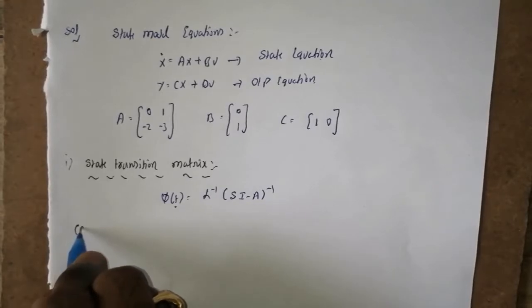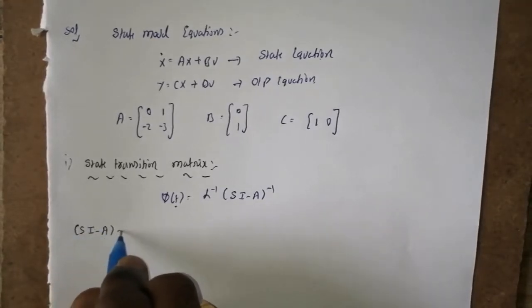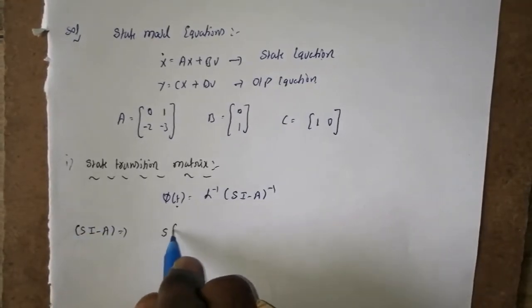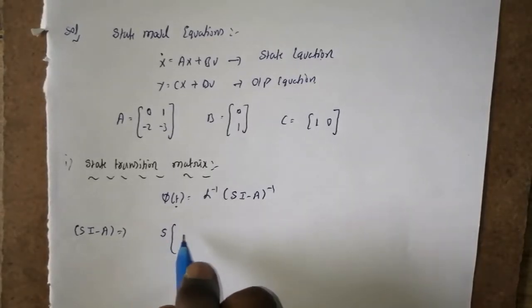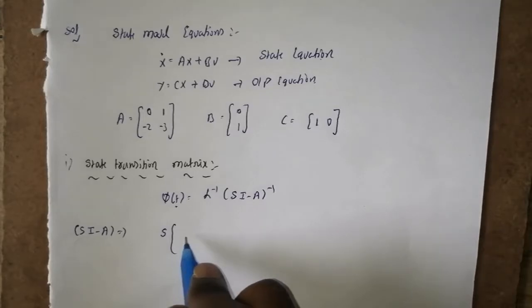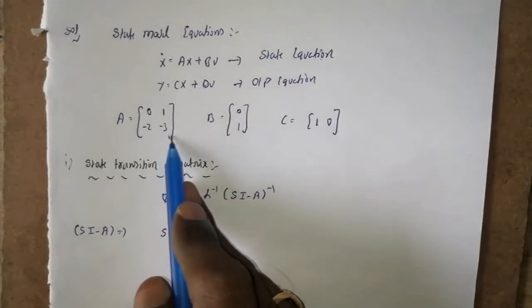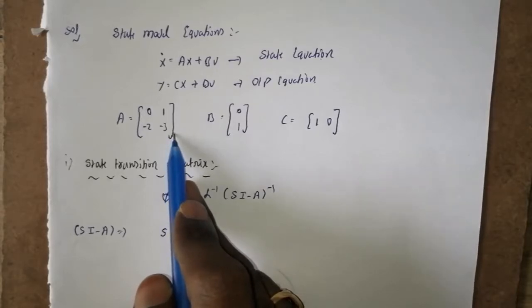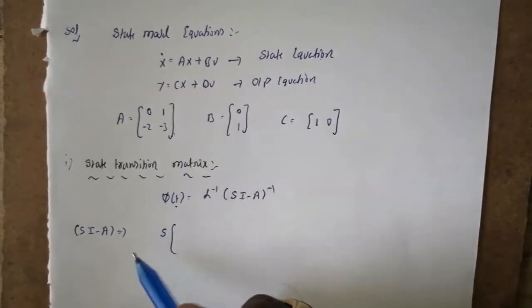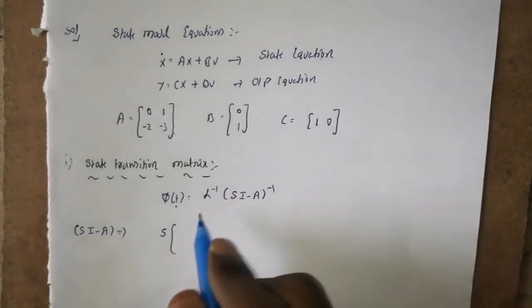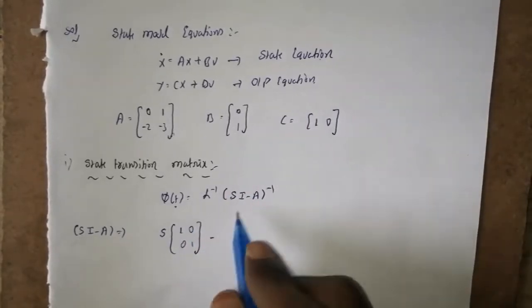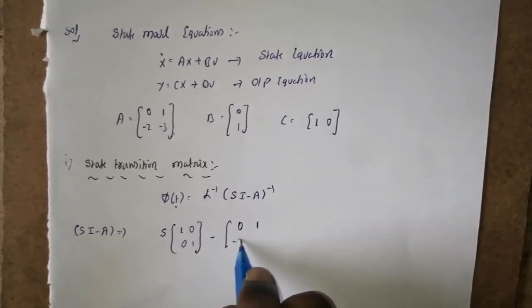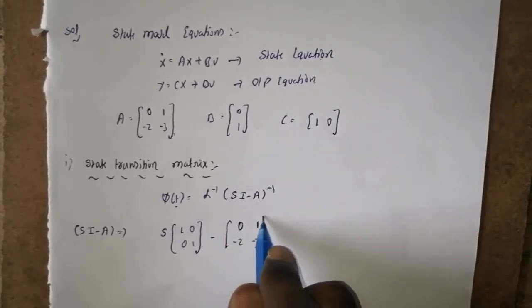Let me solve sI minus A first. Here I is an identity matrix, and its size depends on the size of matrix A. Here the size of matrix A is 2 by 2, so we have to consider the identity matrix also as a 2 by 2 matrix. So s times [1, 0; 0, 1] minus A, which is [0, 1; -2, -3].